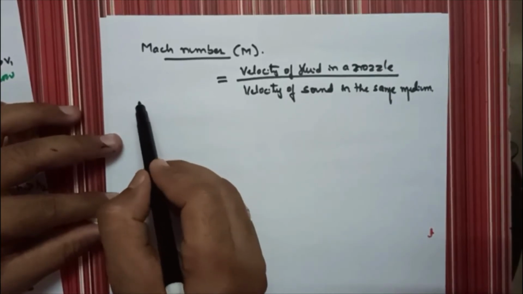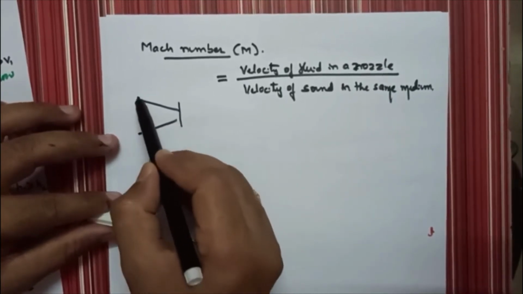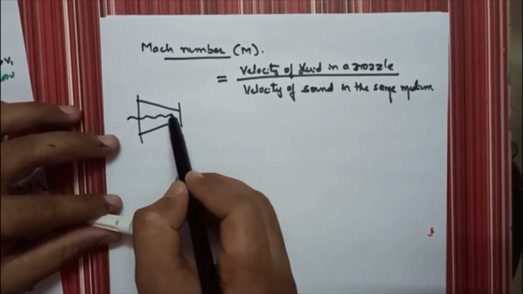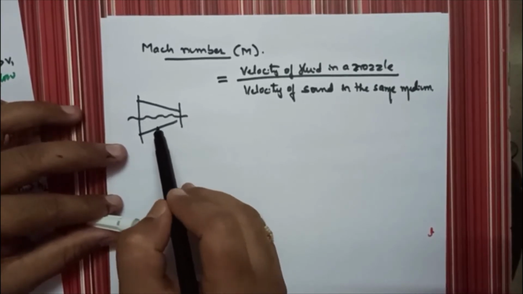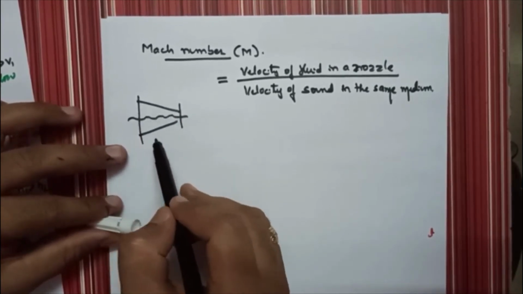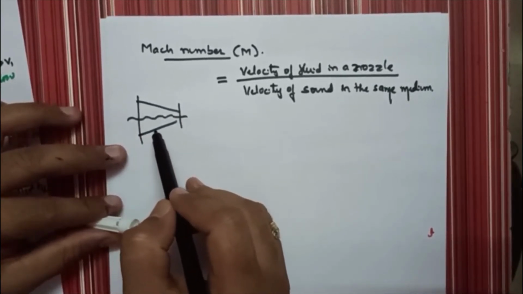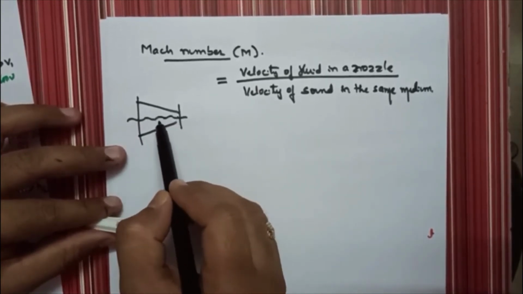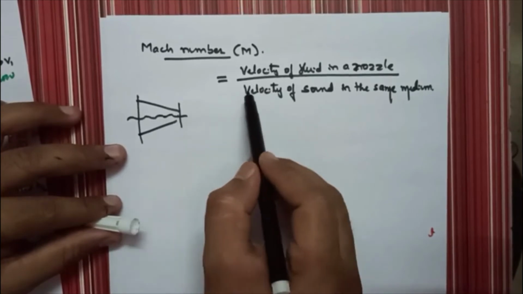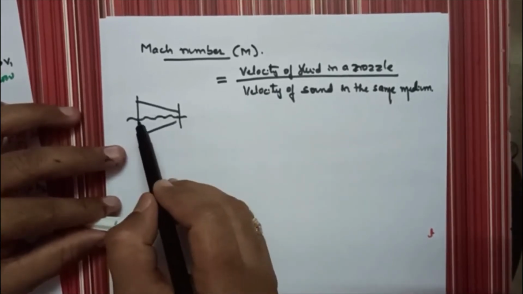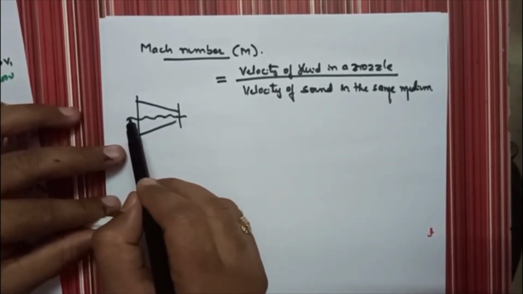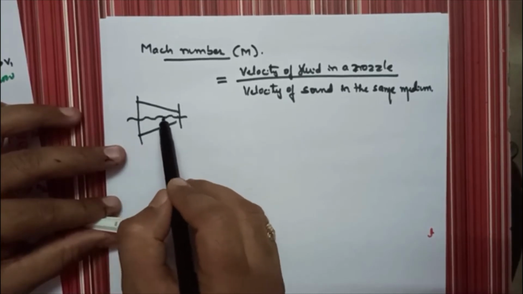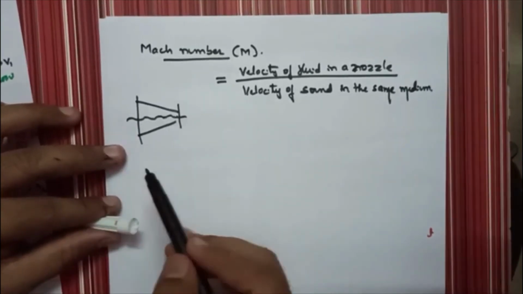If you consider any one nozzle like this, and steam is flowing through the nozzle, the Mach number for this nozzle is defined as the ratio of velocity of this fluid, that is steam, in this nozzle to the velocity of sound. You replace the steam with sound in the same nozzle, then that is Mach number.